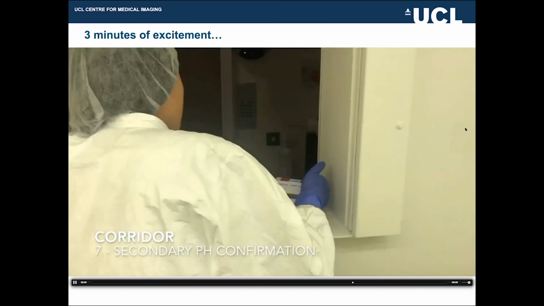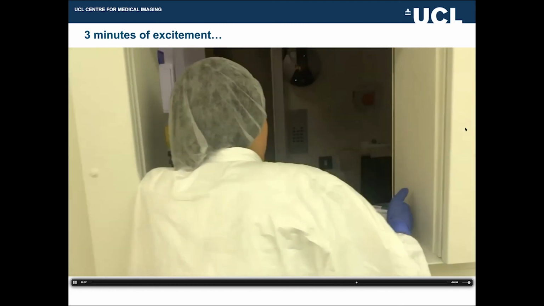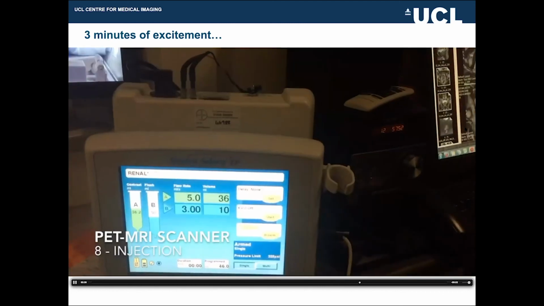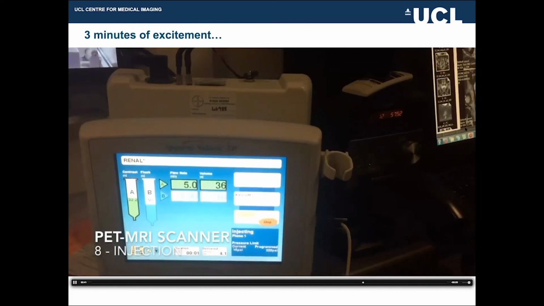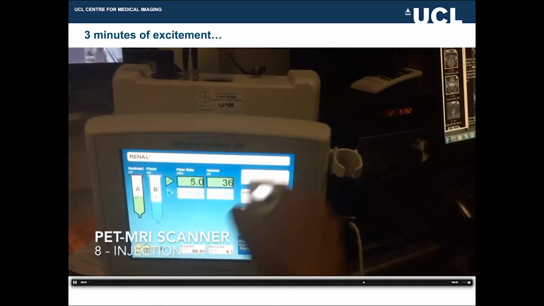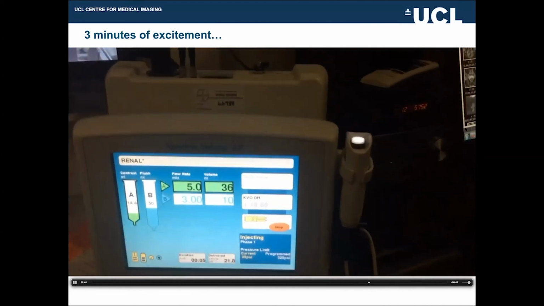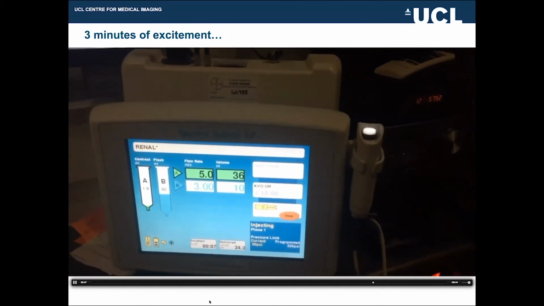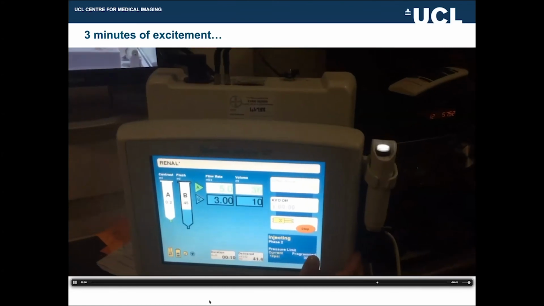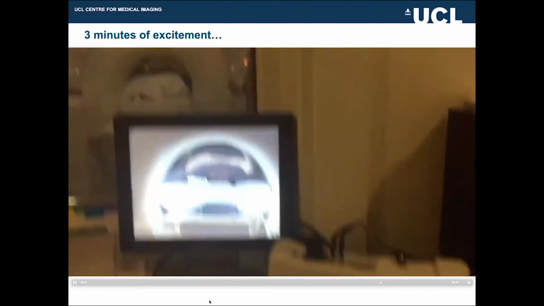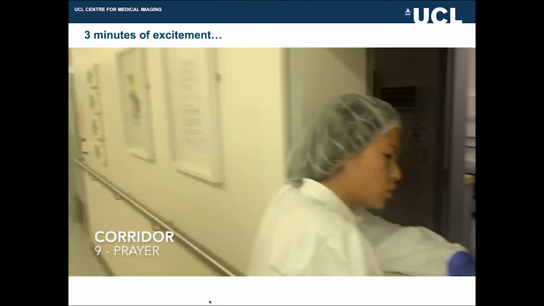Yep, everything's good to go. Injecting now. Thank you. Someone's gone. Critical components to make sure it works.